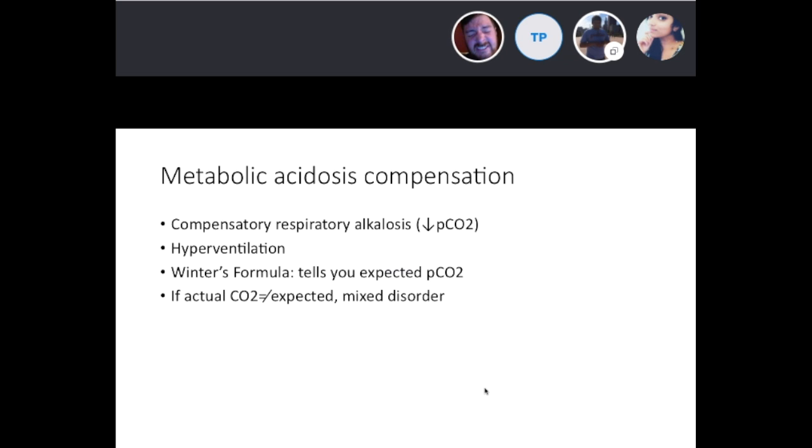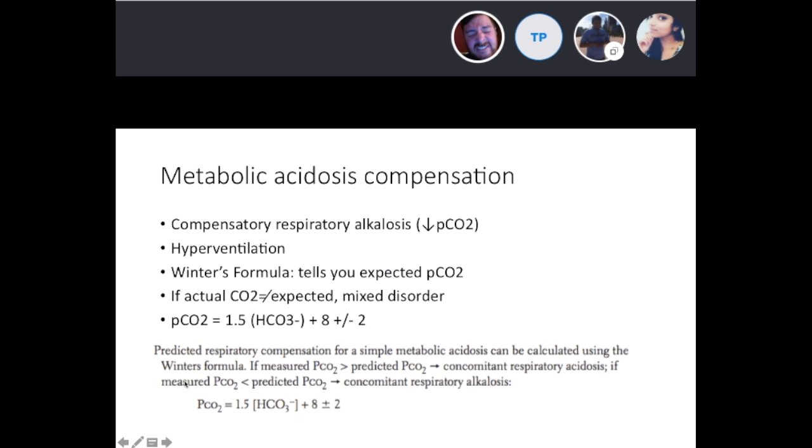So if the actual CO2 is not the expected CO2, then you have a mixed disorder. And I have several examples where we'll see that. The formula is the PCO2 is 1.5 times the bicarbonate level plus 8, and then plus or minus 2. So keep that in mind. And I'm going to ask you guys to do some math on the next slide.